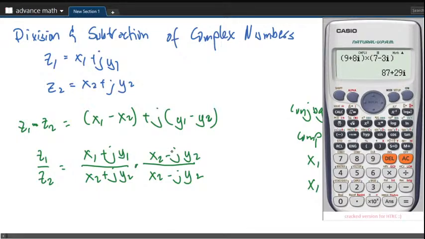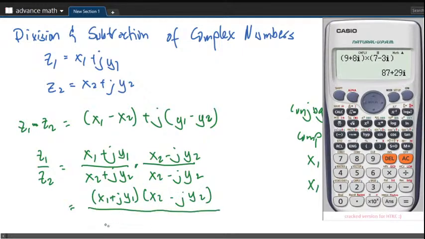Now we will use the multiplication of two fractions. We could have this as x sub 1 plus j y sub 1 times x sub 2 minus j y sub 2 over x sub 2 plus j y sub 2 times x sub 2 minus j y sub 2.